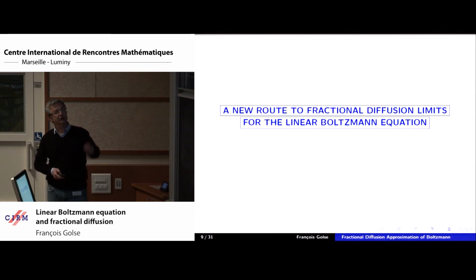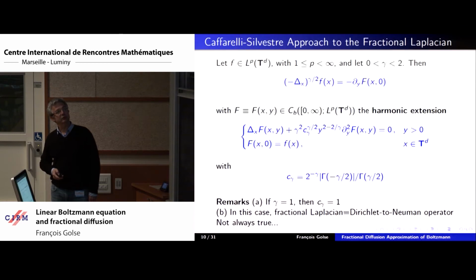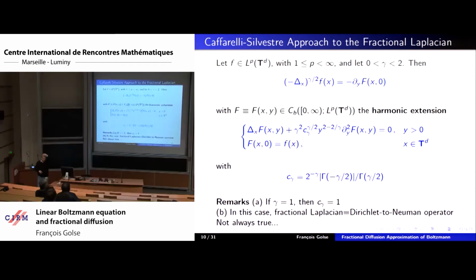Okay, so let me show you still a third way of obtaining fractional diffusion from the linear Boltzmann equation. This is a way that's based on the harmonic extension approach.